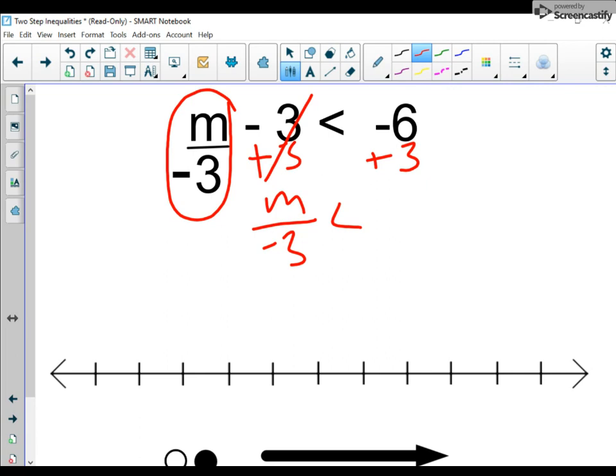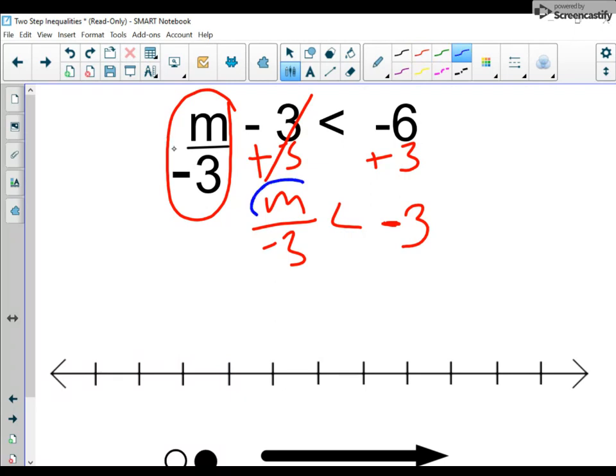My signs are different. I have a negative and a positive, which means that my answer is going to be a negative answer because 6 is bigger. So I'm subtracting 6 minus 3 is 3, and 6 is bigger, which means it's a negative 3. So I have m divided by negative 3 is less than negative 3. Lots of 3's.